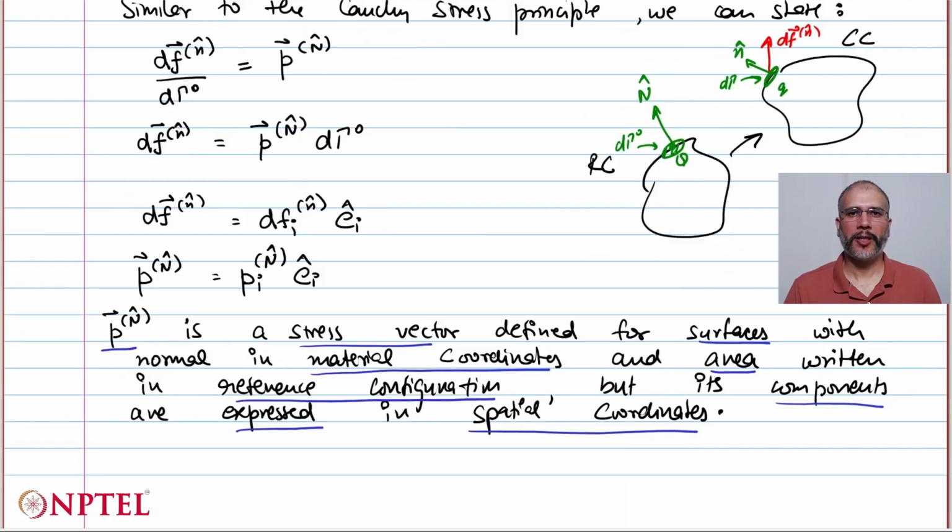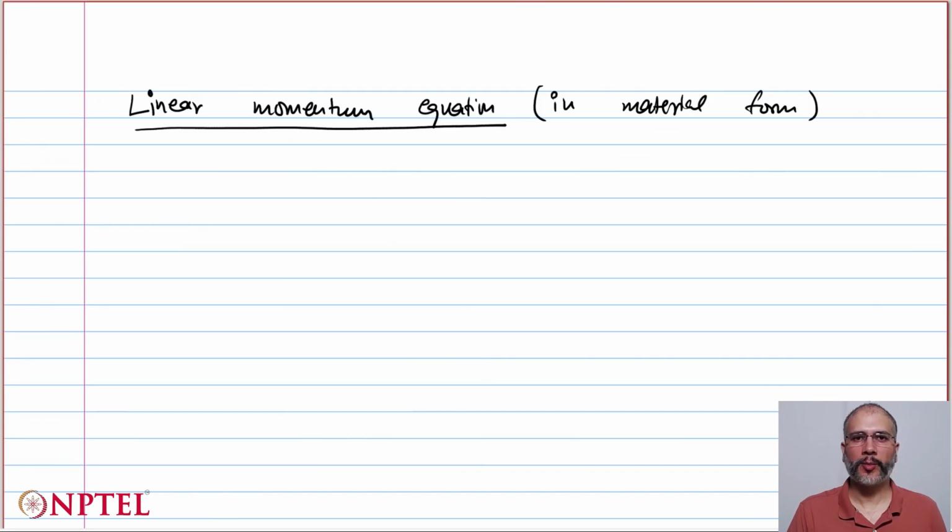So now we'll be making use of this new stress vector, that is P n hat, for writing our momentum equation. So let us do that. So we still state the momentum principle for the current configuration. So the equation is exactly the same as we had written earlier.